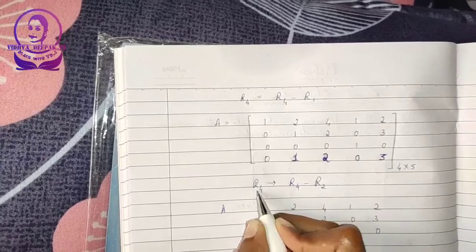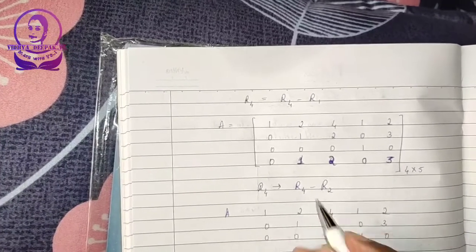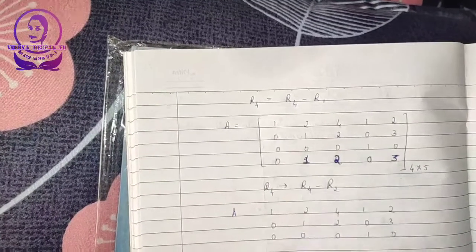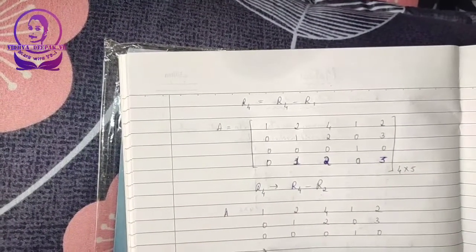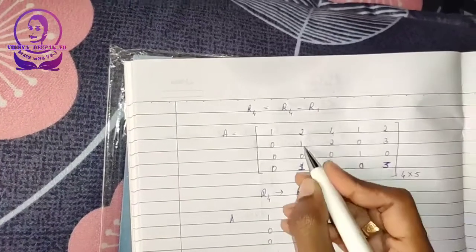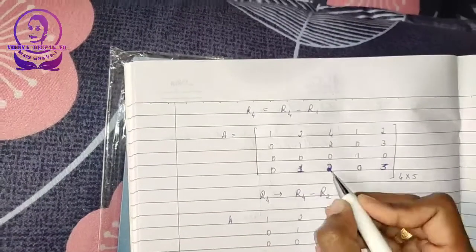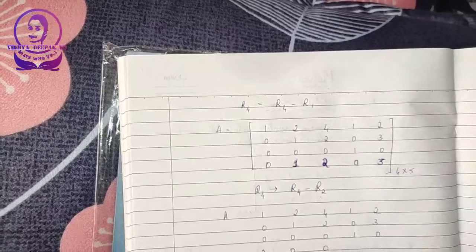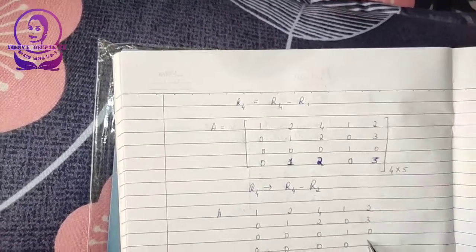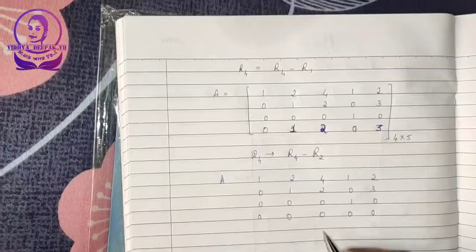Our row R4 will change, right? So what is the operation we are performing? R4 minus R2. So 0 minus 0 is 0. 1 minus 1 is 0. 2 minus 2 is 0. 0 minus 0, 0. 3 minus 3 is 0, right?